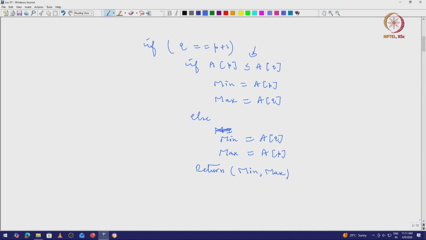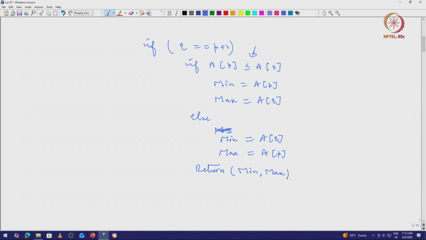Otherwise, you are going to split. If neither P equal to Q nor Q equal to P plus 1, then you come to the third case where the divide and conquer works. In this case, P and Q differ by more than 1, that means you are working on more than 2 elements. When you are working on more than 2 elements, split. If you are working at 2, apply the base case.